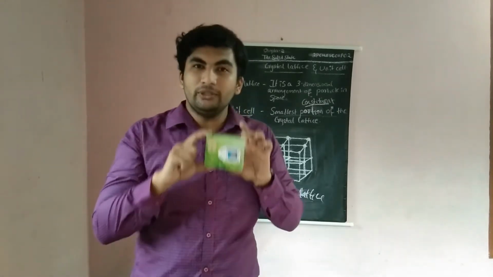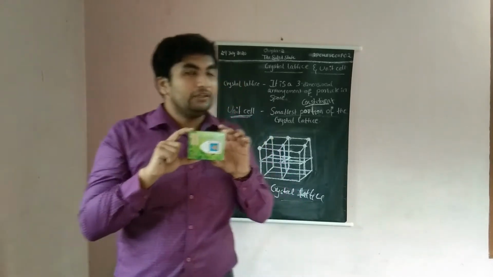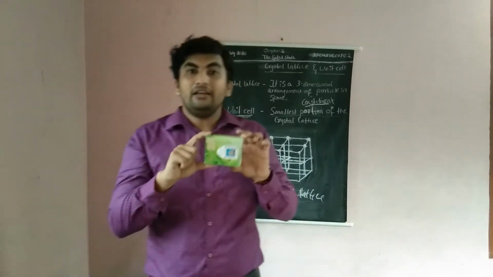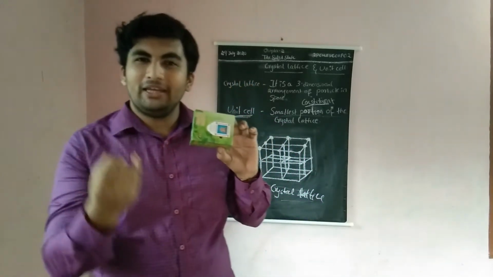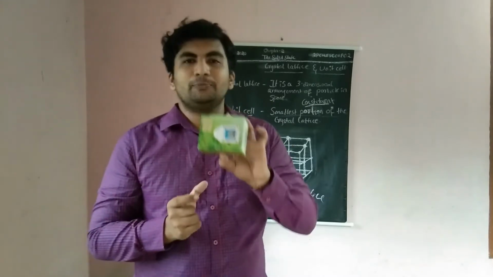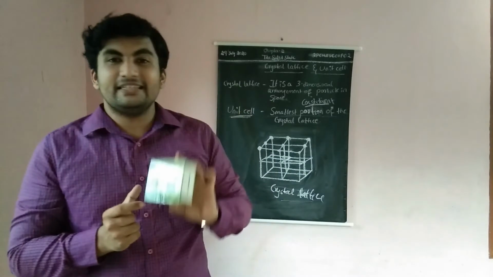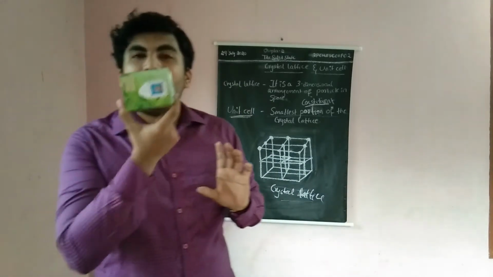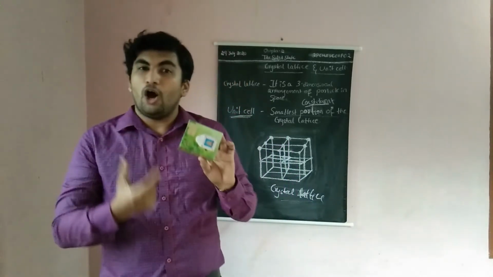So in a simple unit cell, there are 12 edges. So how many lattice points are there? There are 8 lattice points. Then how many edges? 12 edges. How many faces? There are 6 faces.